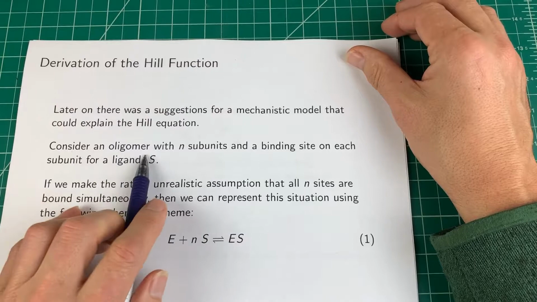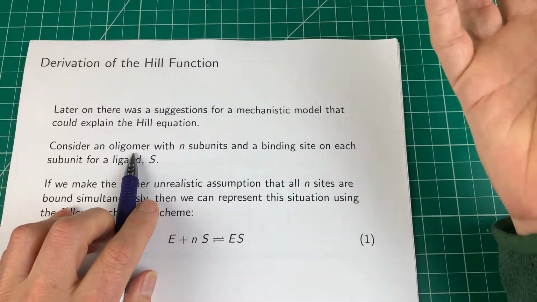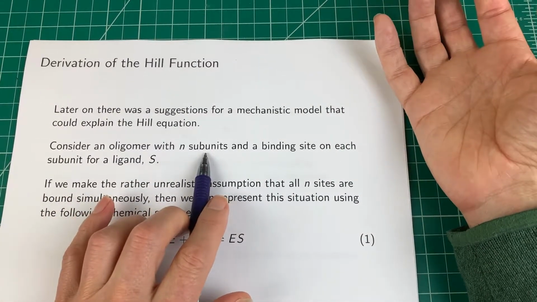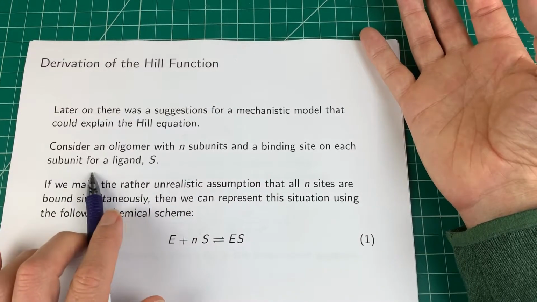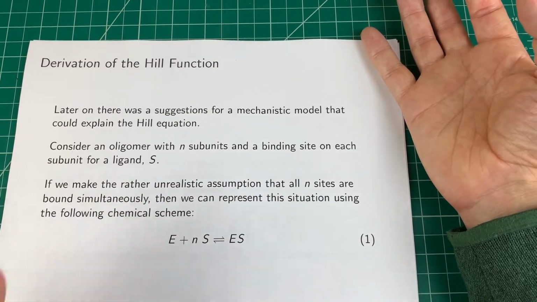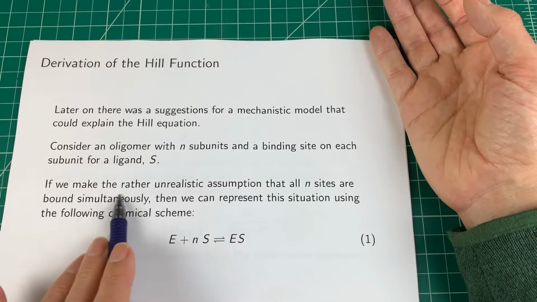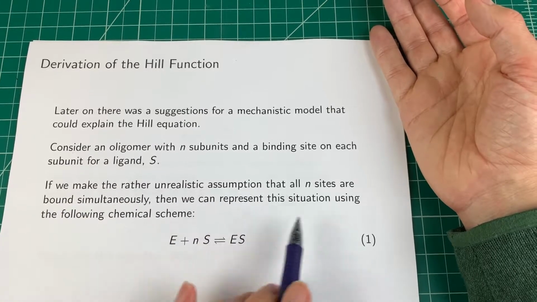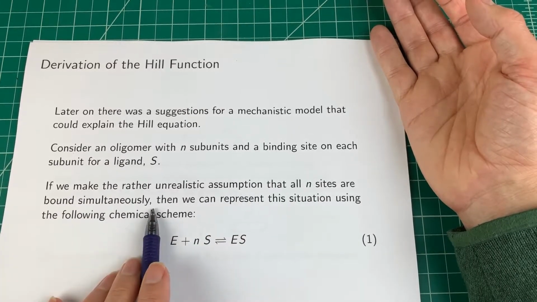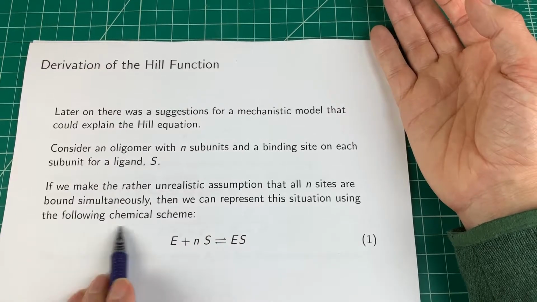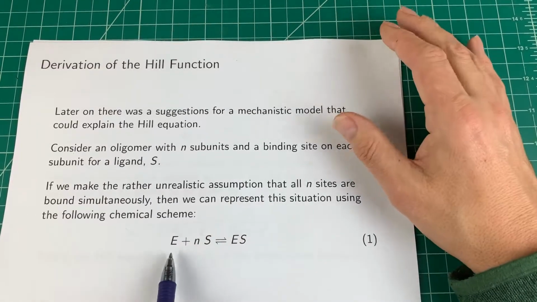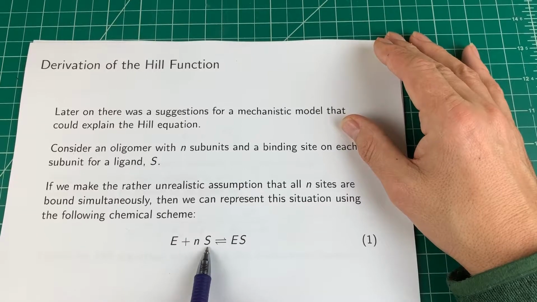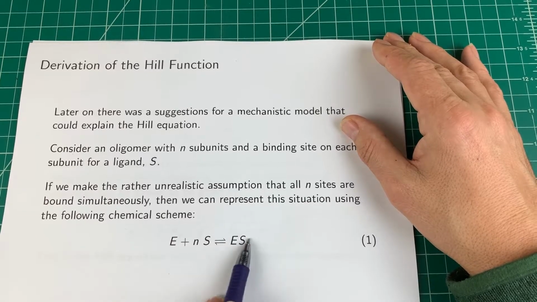So consider an oligomer, that is a protein with n subunits and a binding site on each subunit for ligand S. So this is where things get a bit crazy. If you make the rather unrealistic assumption that all n sites are bound simultaneously, then we can represent this situation using the following chemical scheme. So free enzyme plus n ligands gives the enzyme ligand complex.